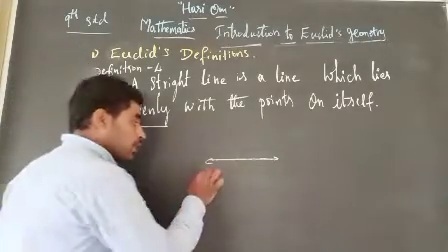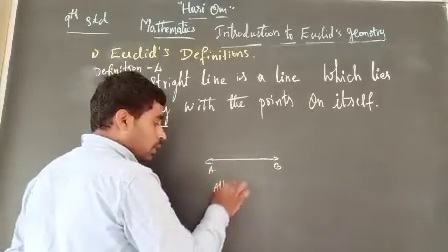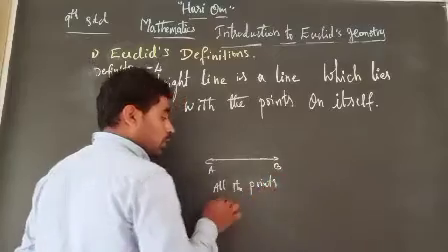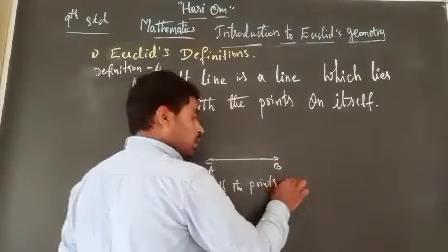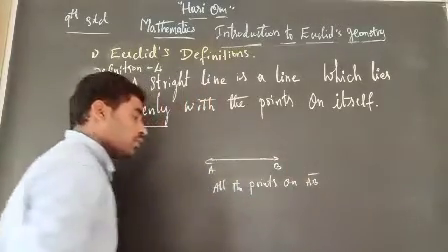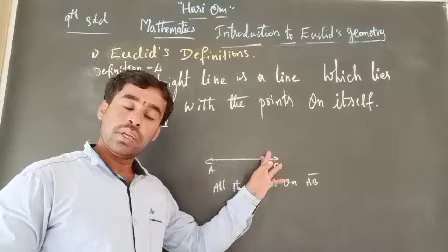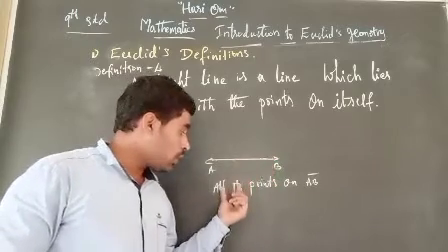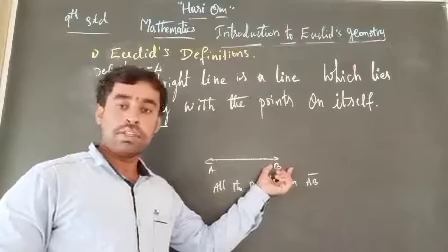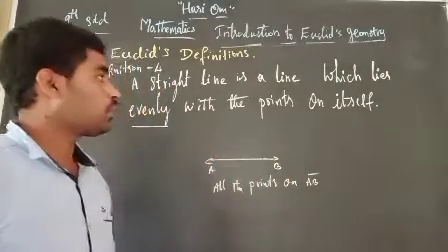So take all the points on AB. The straight line AB is formed by a set of infinite number of points. All the points are on one line. That is what it is. Is it clear? Take down definition number 4.